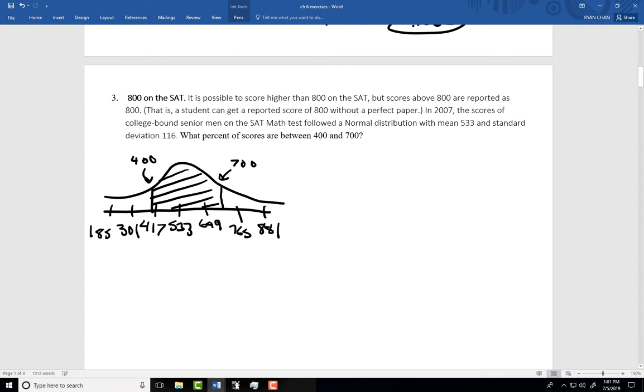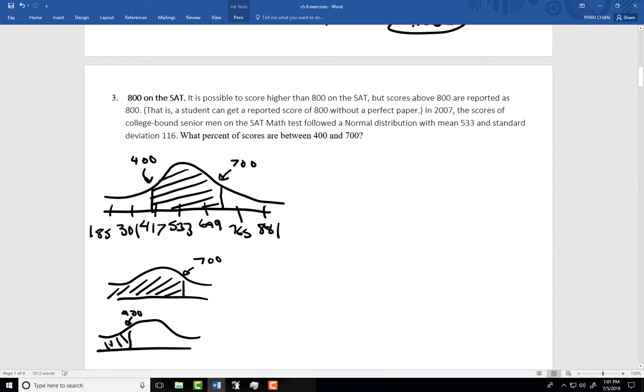Now let's think visually about what's happening. If I have the z-score at 700, 700 will look like this. If I do the table for 700, and then the table for 400, notice it goes to the left this way.